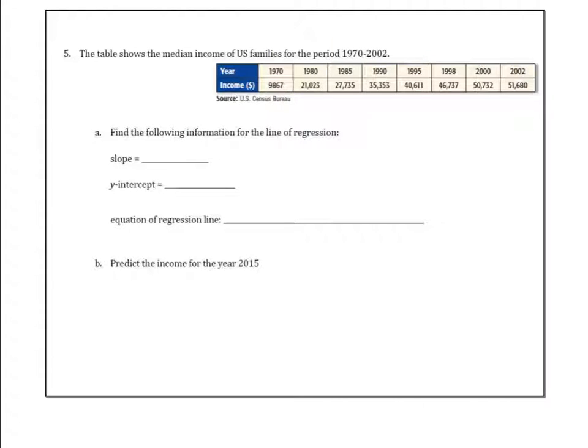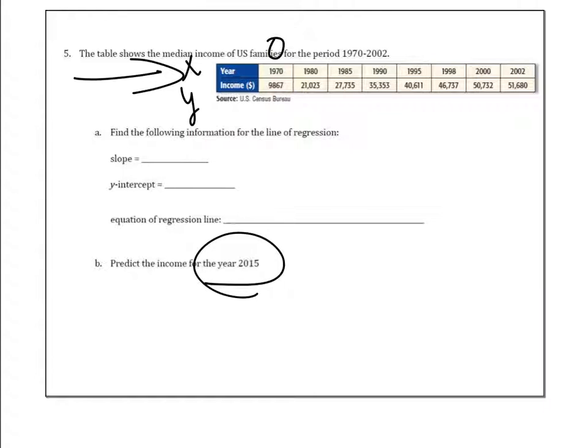Same kind of idea. Let's skip here. Find a scatter plot for this. So again, I'm going to graph it and then figure out what it would be for 2016. So I'm letting this be the X, this be the Y, and you guys can sketch your graph or let your calculator do it for you. I want to let my calculator do it for me. So I'll let this be like year 0.